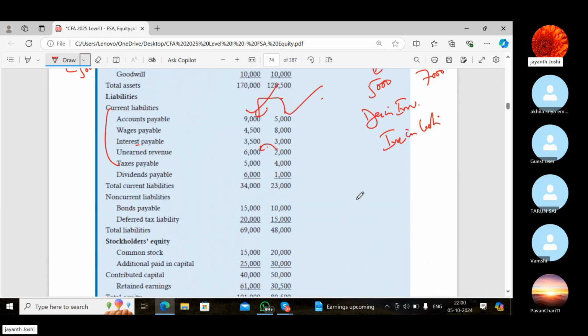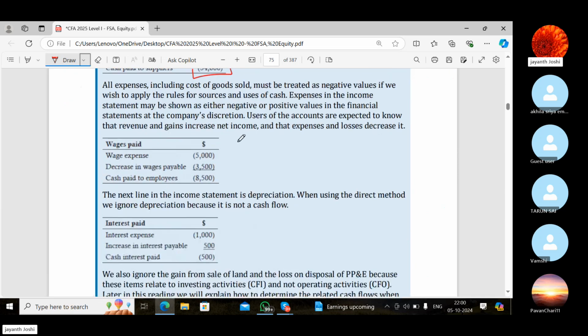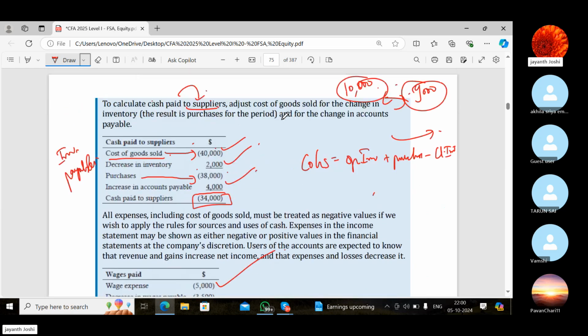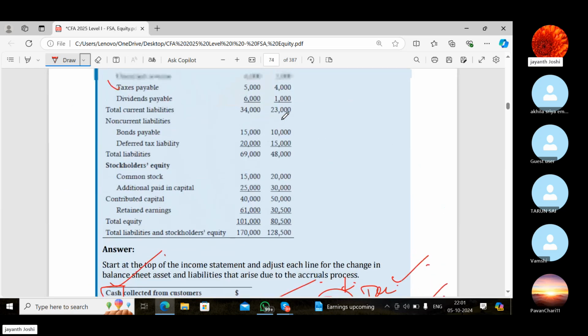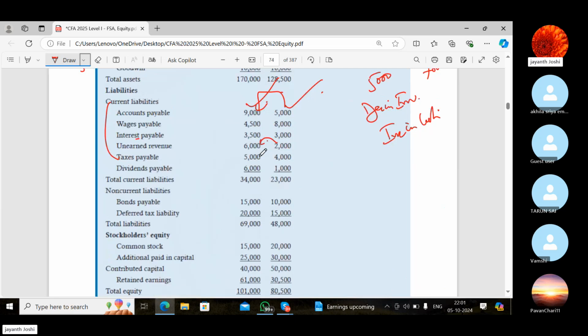So this year my wage expenditure is 5,000. That is in the income statement. At the end of the year, when I see the liability related to wages, I was supposed to make a payment of 4,000 to my employees, now 5,000. So extra how much? 1,000, my liability has increased.